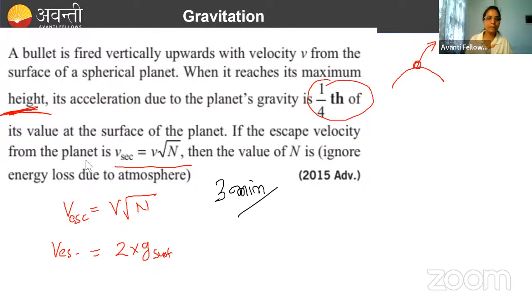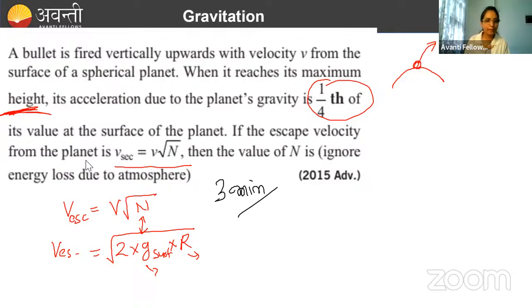So simply, the escape velocity for the planet will be equal to root of 2 into g surface into radius of the planet. 2gR, you have studied this, right? What was g? g was acceleration due to gravity at the surface. So this is this. Now what do I have to do with these two? Compare. So here, what will be the acceleration due to gravity at the surface of this planet, and what will be its radius? We simply have to relate it, nothing else.